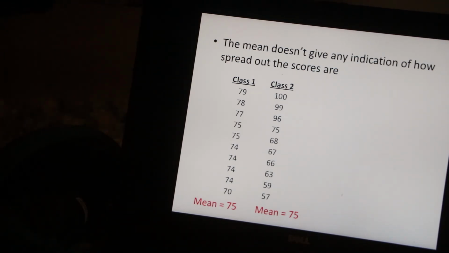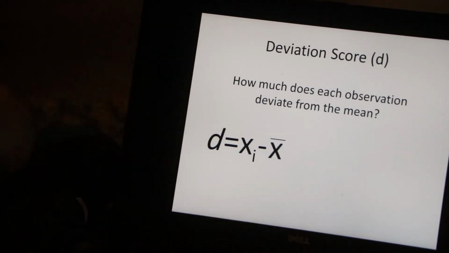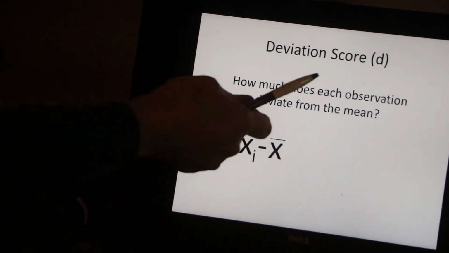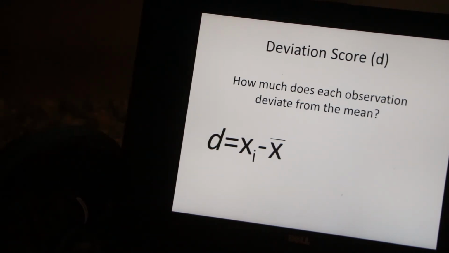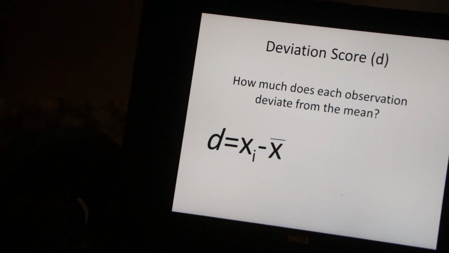So there's a way we can figure out, based on measures of dispersion, what the variation was in each class. The first thing we want to do is come up with what we call a deviation score, which is essentially how much each of the scores, or observations as we call them, deviates from the mean. So this simply means individual scores.